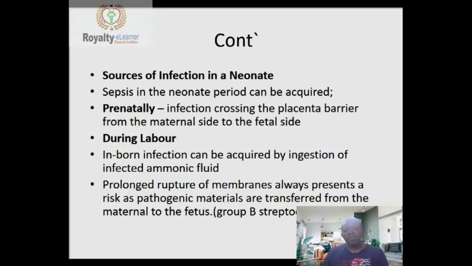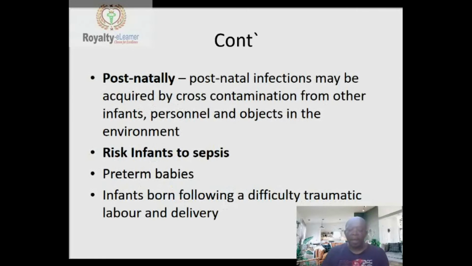Other sources of infection of the neonate include prolonged rupture of membranes during labor. Prolonged rupture of membranes always presents a risk as pathogenic materials are transferred from the maternal to the fetus, that is group B streptococcus most of the time.